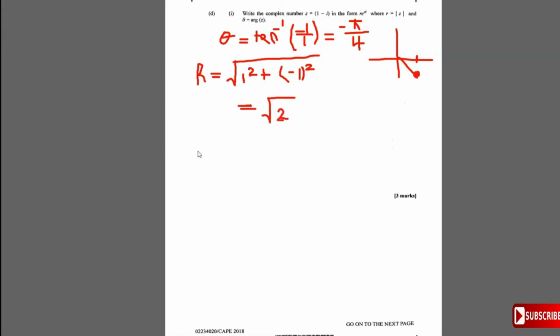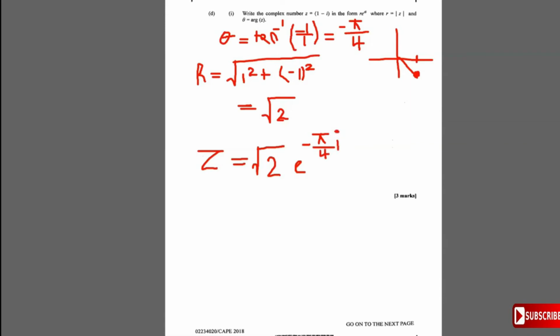Therefore we can write that z is equal to the square root of 2 times e to the i theta, which is root 2 times e to the minus pi by 4 times i. That is z in this case.